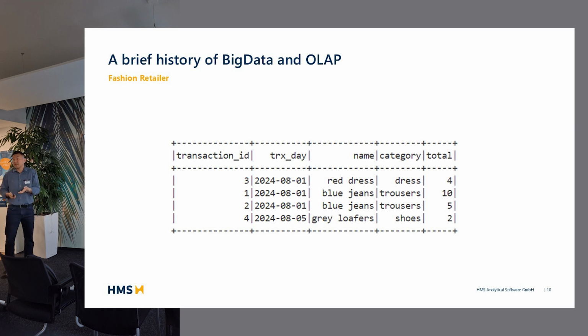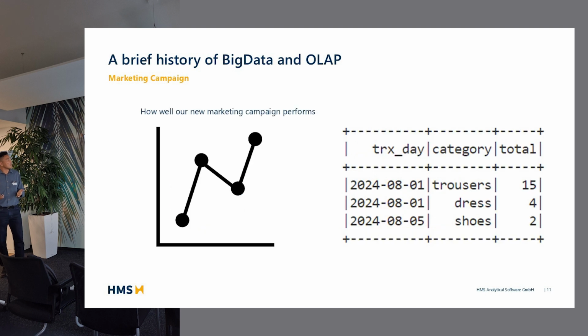For example, if you're a data analyst in a fashion retail company, it could be that your company has started a marketing campaign, and now you want to analyze how well your marketing campaign performs. What you can do is compute daily aggregates per category and then compare them with the same time period from the last year.